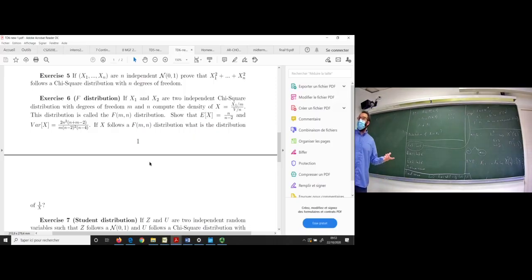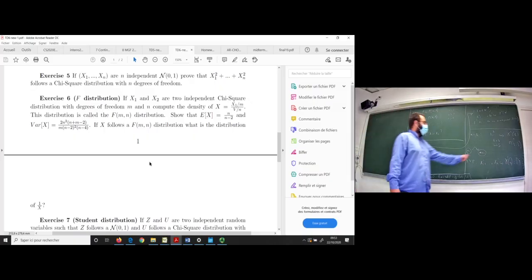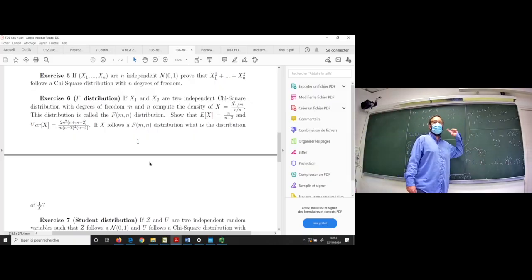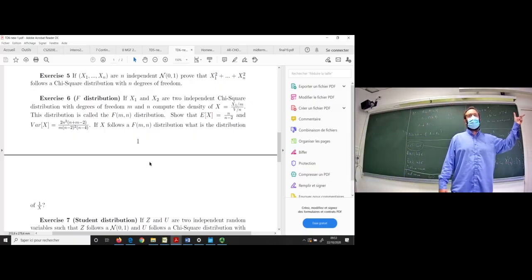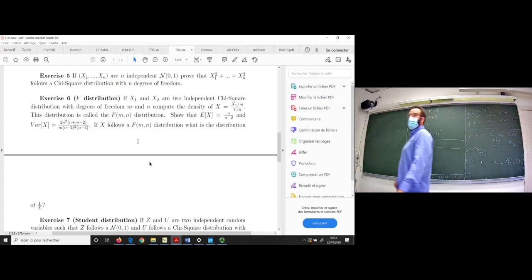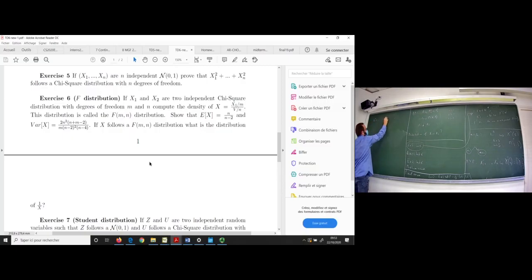So now I am interested in what happens for n plus 1. It's the heredity step of the induction. Suppose that it works for n, let's see that it works for n plus 1. So I am interested in x1 square plus until xn plus 1 square.